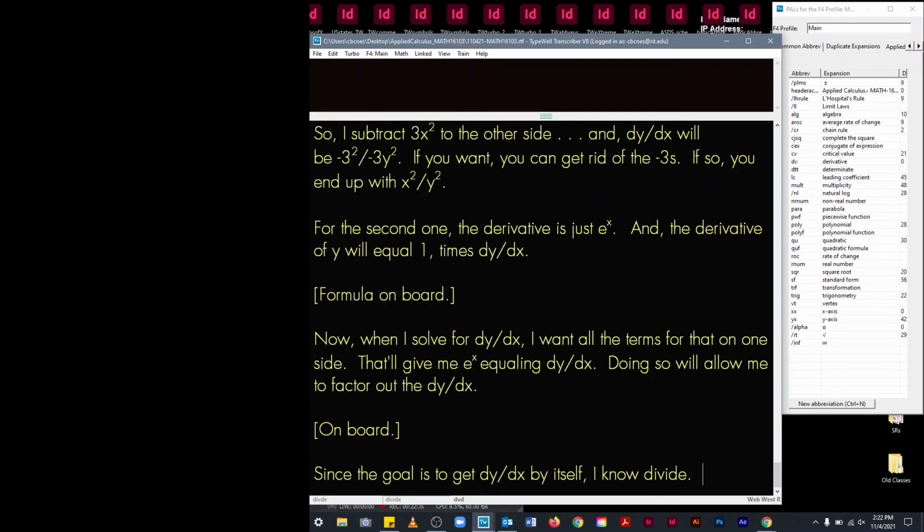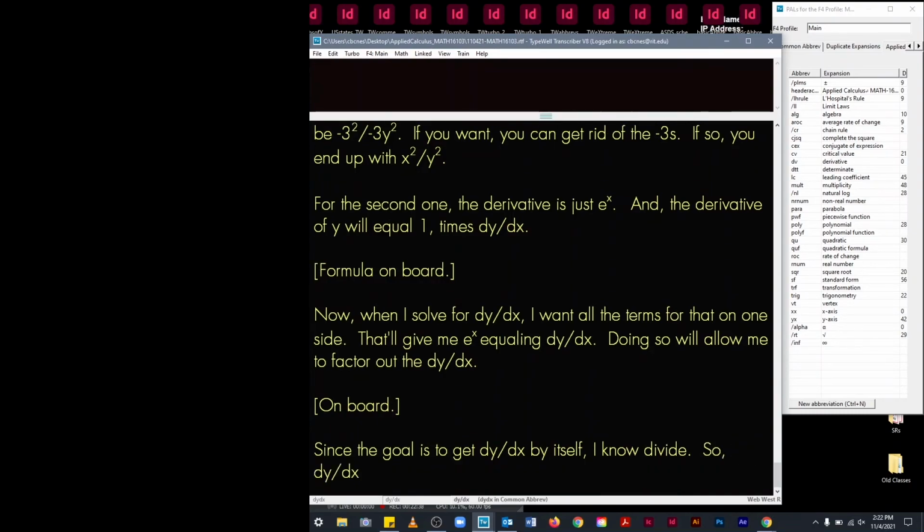And so dy dx is going to equal e to the x over e to the y plus 1. Everyone still with me? Awesome.